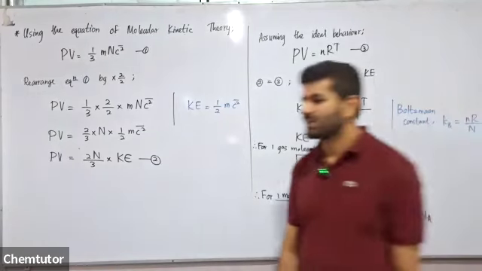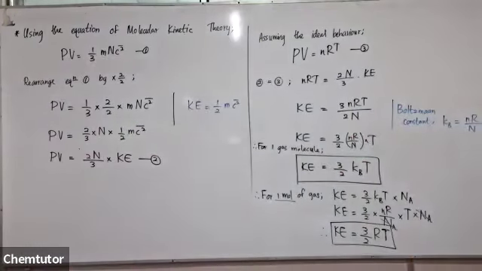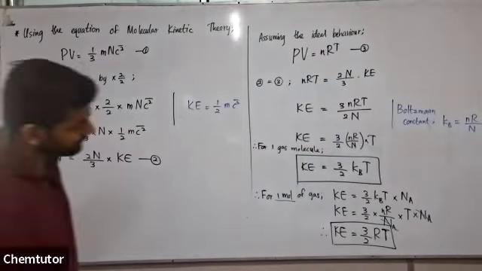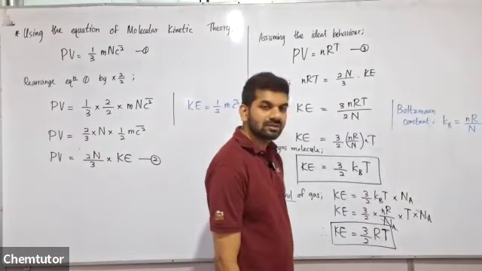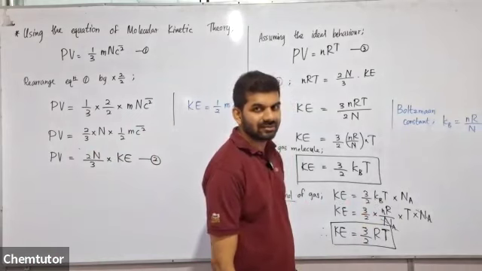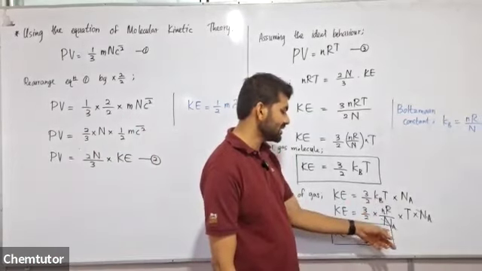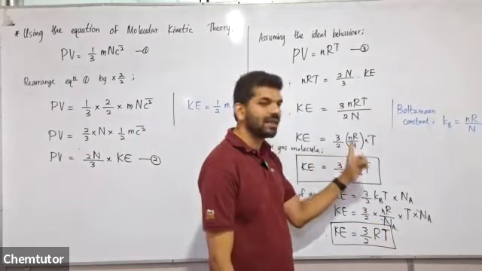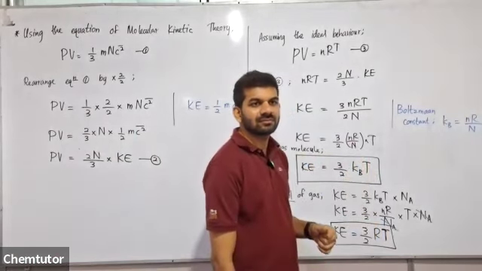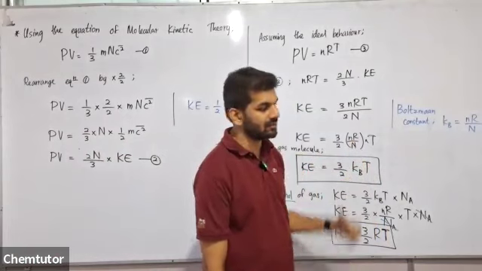If you turn to the page that we have written here, I told you that I'm deriving this in the latter part of the lecture. So the kinetic energy of 1 mole of a gas equals 3 over 2 times RT. R is the universal gas constant and T is the temperature. Then for one gas molecule, it is 3 over 2 kB times T. Is it clear?